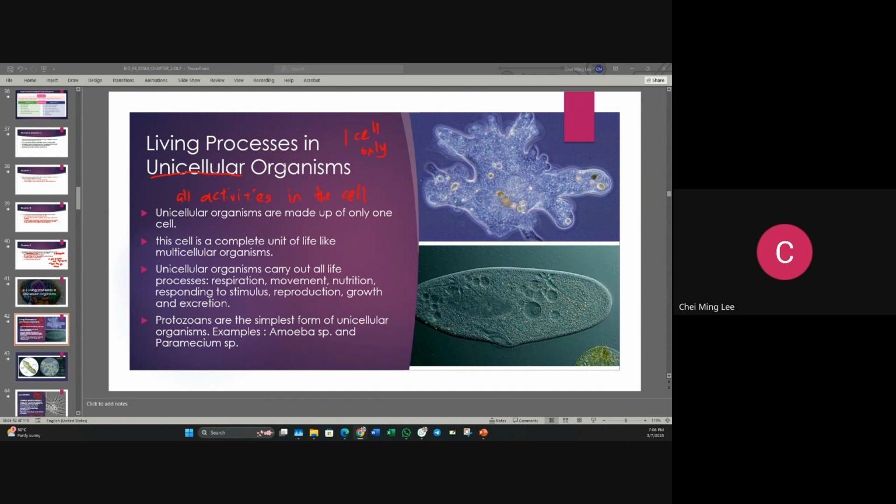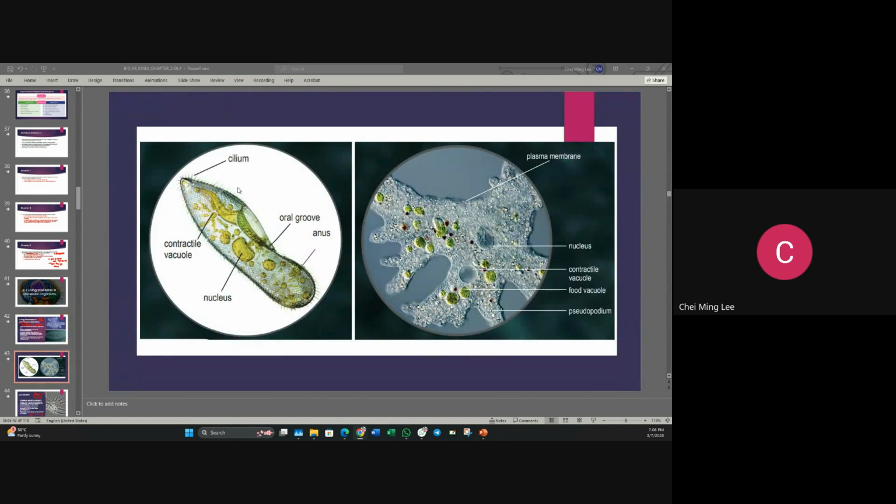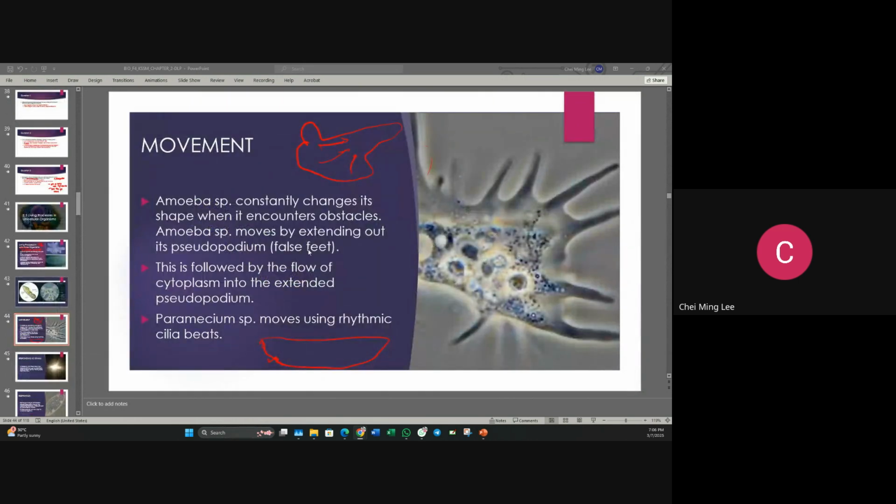Okay. All right. So this is the paramecium and this is amoeba. It's okay, no need to draw. So now let's see first the movement of amoeba. Amoeba constantly changes shape when it encounters obstacles. When it encounters obstacles, the amoeba will move by extending out the pseudopodium, like this.